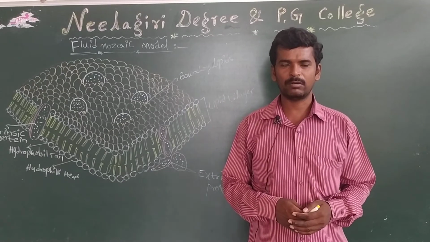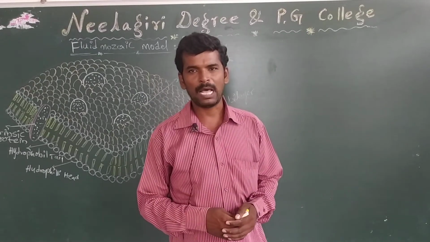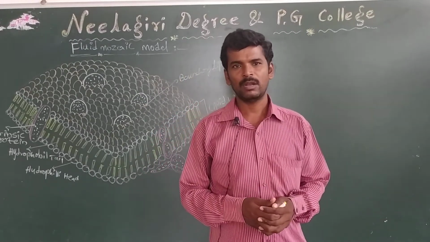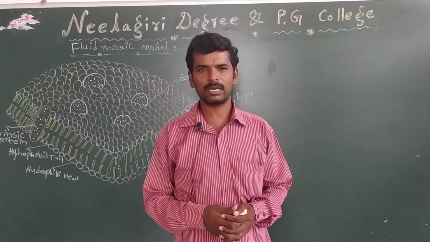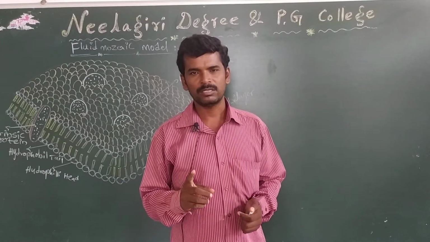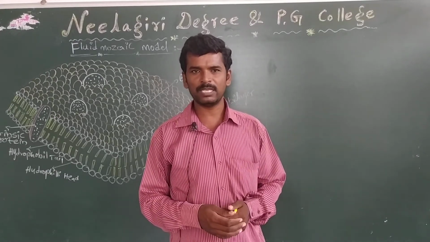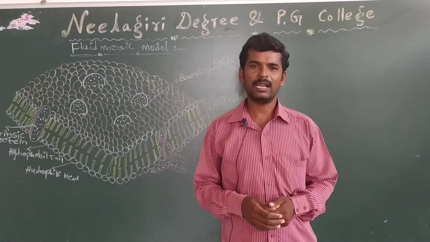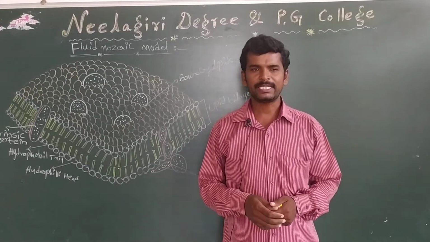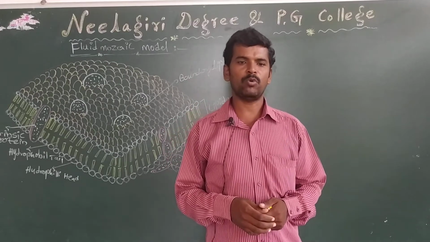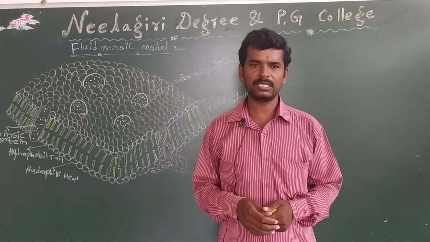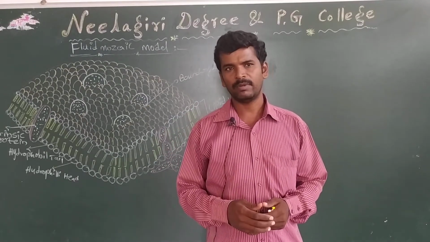Today we are going to discuss plasma membrane models. The last two plasma membrane models were: one, the sandwich model proposed by the scientists Danielli and Davson, and second, the unit membrane model proposed by the scientist Robertson.